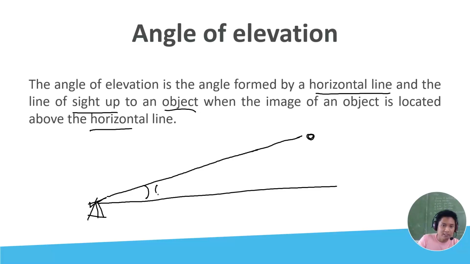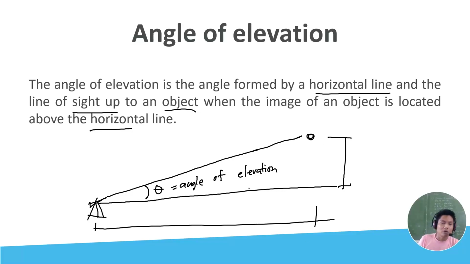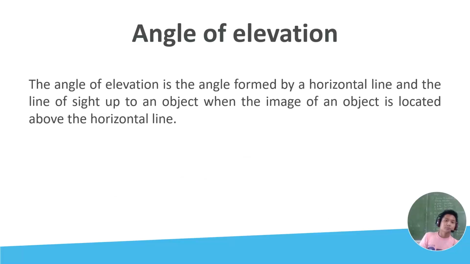This is the angle of elevation. This is essential, especially if we want to determine the height or the difference in elevation between two objects, as well as the horizontal distances between the objects, using trigonometric functions.